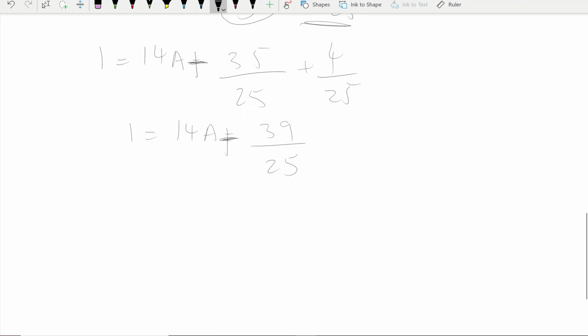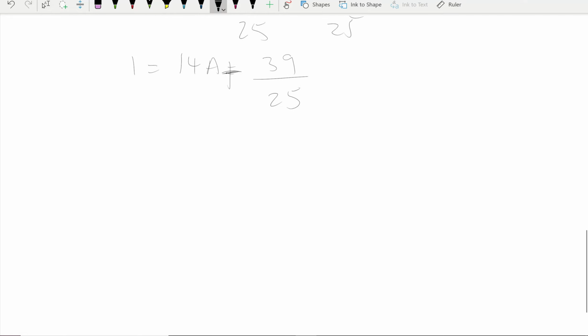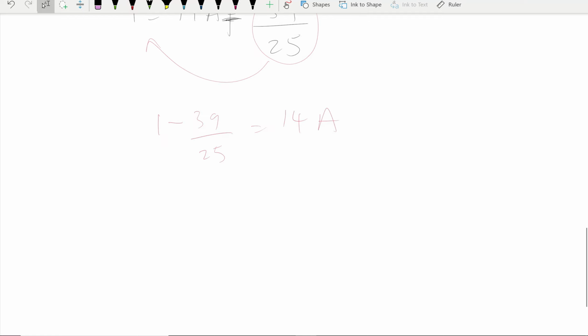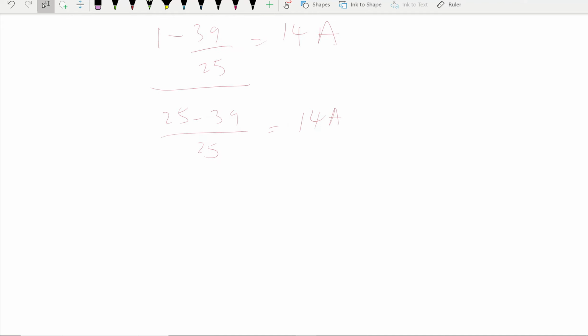So take this term to the left hand side. So 1 minus 39 over 25 is 14A. So this will be 25 minus 39 if we simplify the fractions. I will do that fast. Okay, so this is what? 25 minus 39 is negative 14 over 25 is equal to 14A.